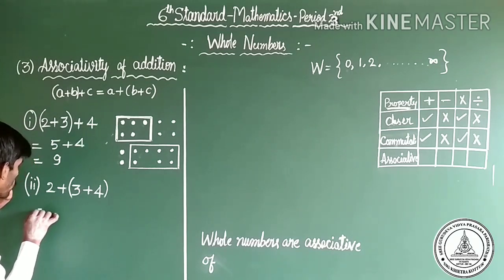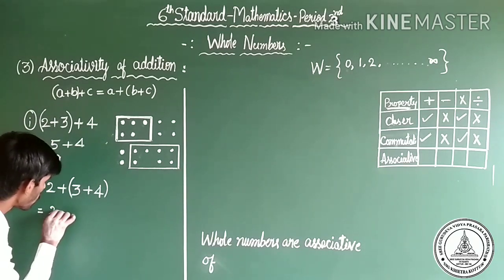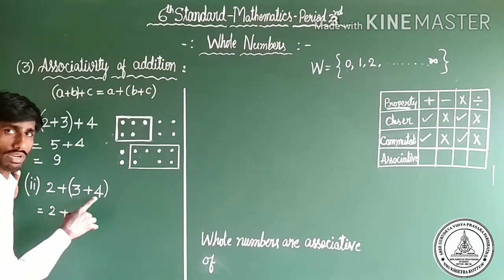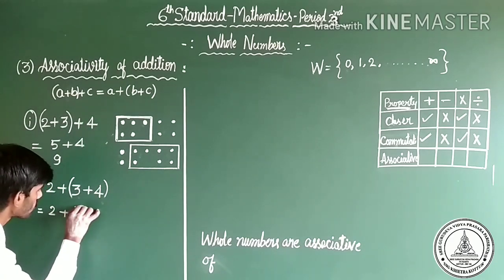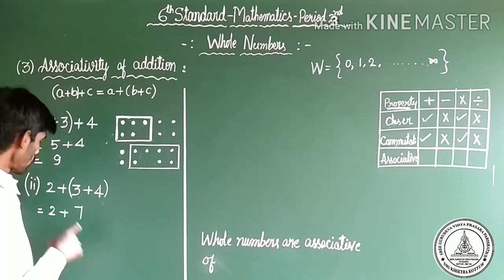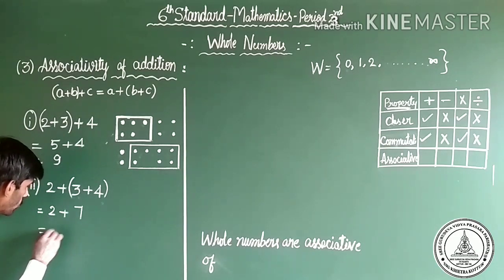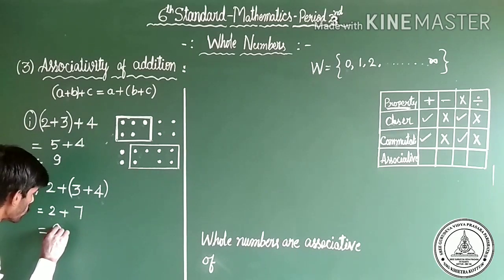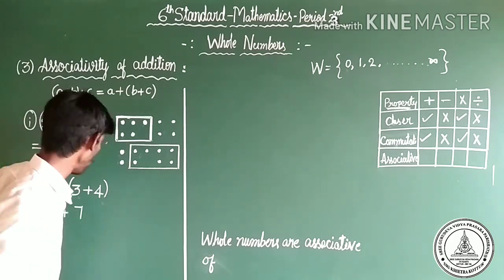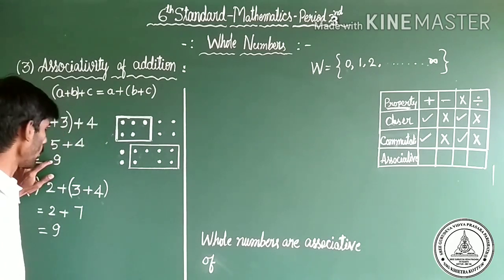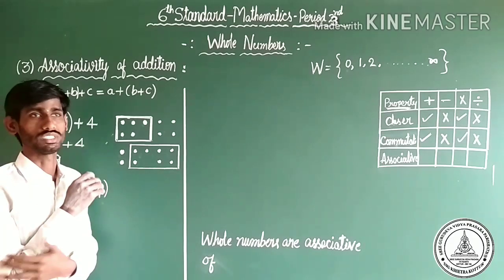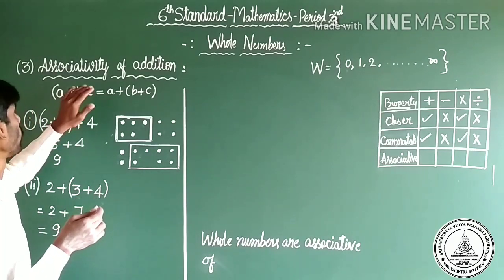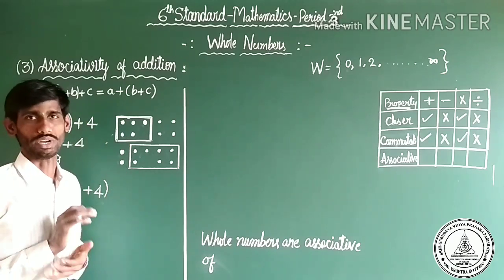It is equal to 2 as it is plus (3 plus 4). 3 plus 4 is equal to 7. 2 plus 7 is equal to 9. Observe here, Chotu, left hand side is 9, right hand side is 9. So we came to know that addition follows the associative property.